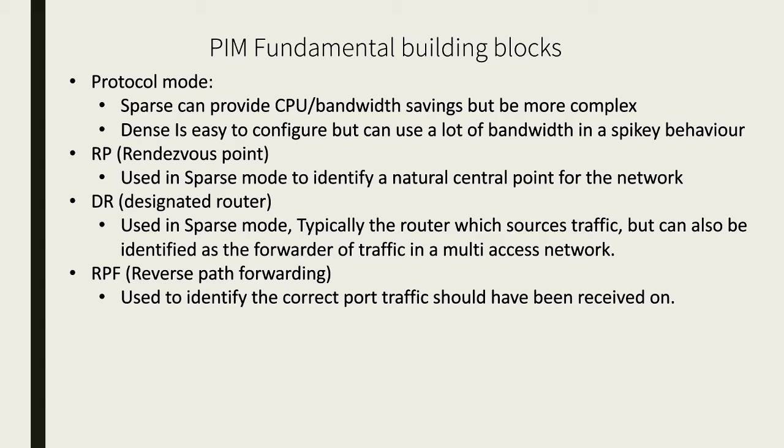We then have a concept of a rendezvous point, and that's specifically used in sparse mode to identify a central point in the network where any destination router can go towards that rendezvous point and say, hey, I want some multicast, can you send it to me? At the same time, source devices will be sending their multicast traffic in that direction to register it onto the network.